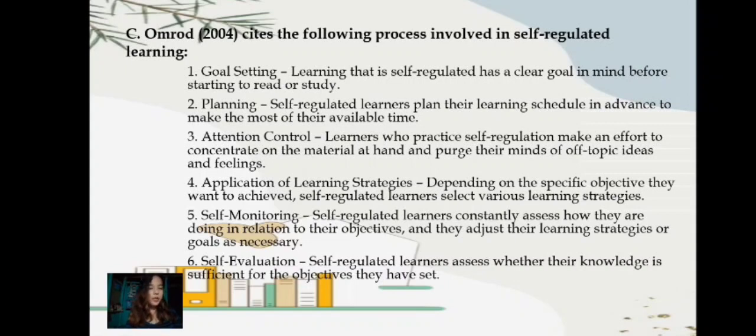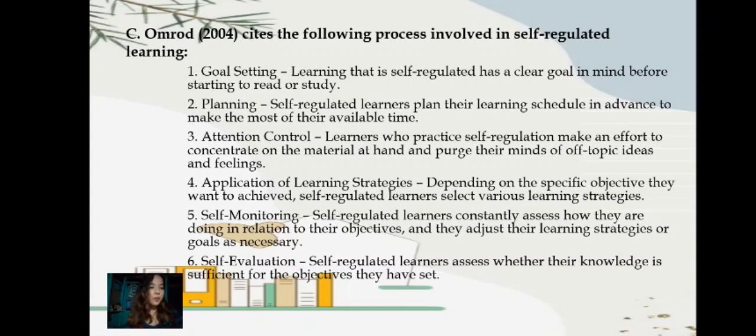The fourth process is application of learning strategies. Depending on the specific objective they want to achieve, self-regulated learners select various learning strategies. This means they choose different learning strategies depending on the specific goal they want to accomplish.